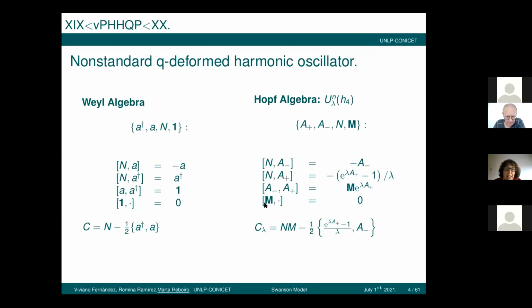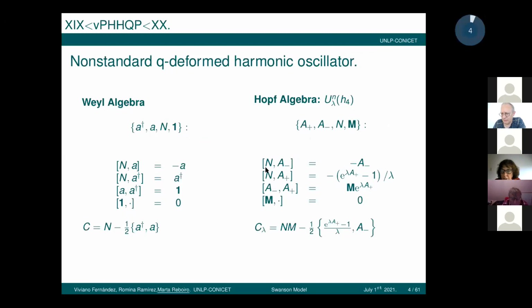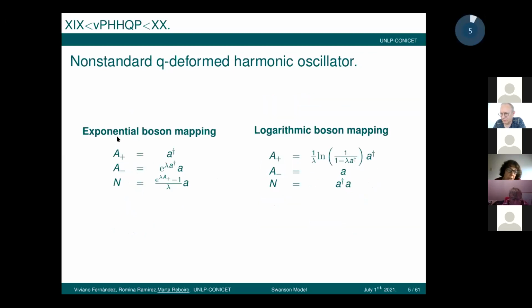We wanted to know if this deformation of the algebra induces true interactions. So we proposed boson mappings to deal with this type of structure, and we have two options, an exponential mapping and a logarithmic mapping.